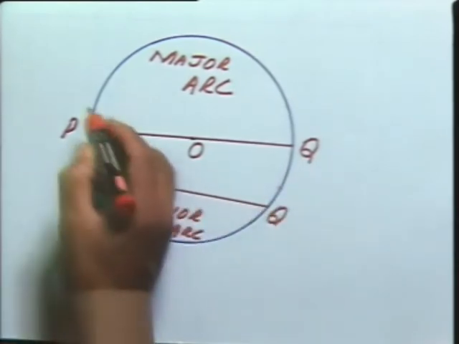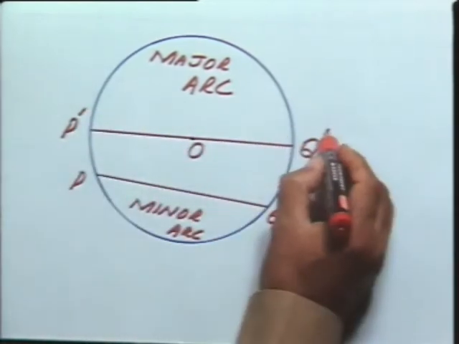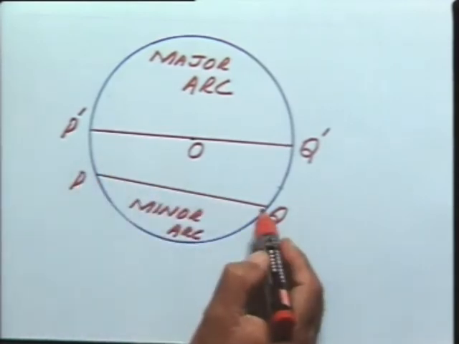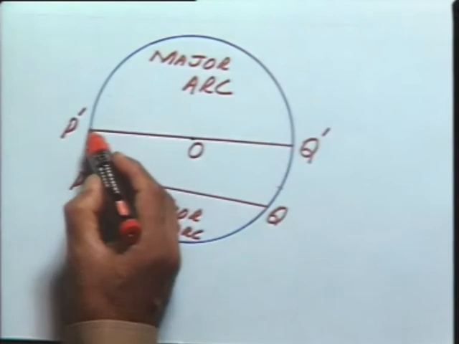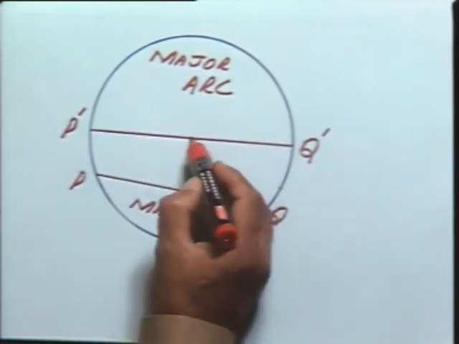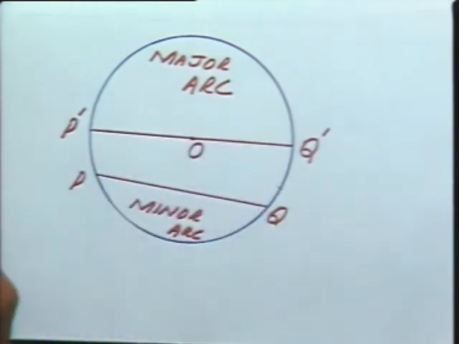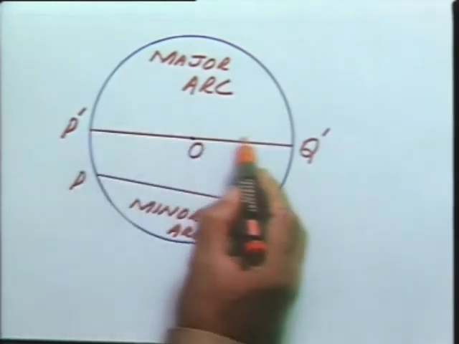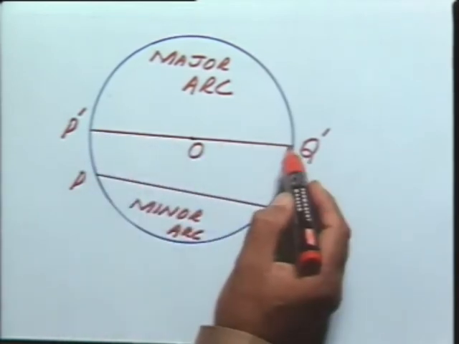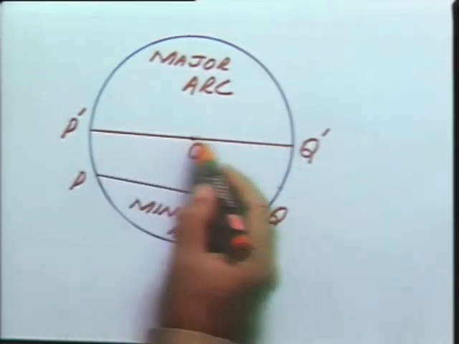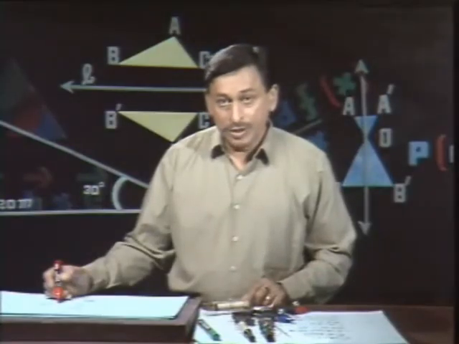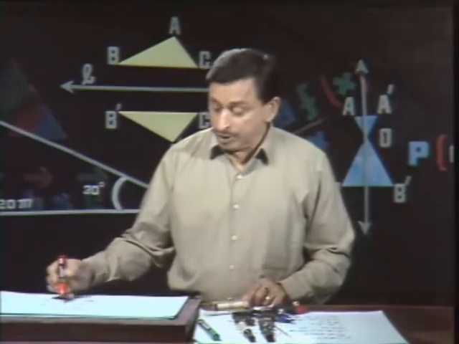Just to differentiate between the two, let me put a little mark here. This chord is now so drawn in the circle that the end points are on the circle, yes, that is the first condition, but this chord has the center of the circle on it. Remember what we called this? We said this is the diameter of the circle. So, another thing, the diameter is also one of the chords of the circle.